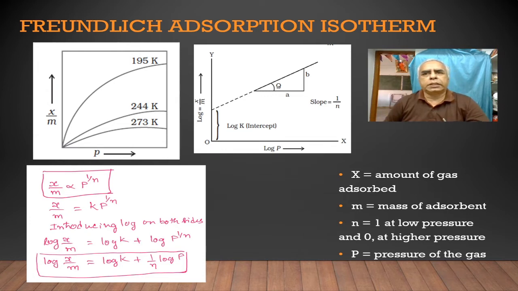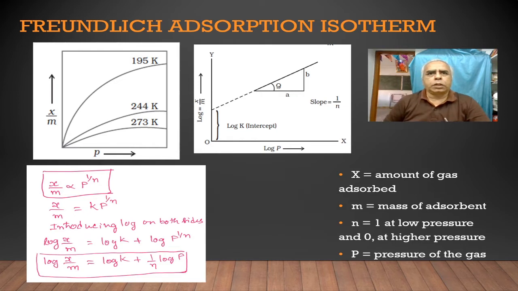Here x is the amount of gas adsorbed, and m is the mass of the adsorbent, that is, the substrate where the adsorbing materials are adsorbed. That ratio is directly proportional to the 1 by nth power of the pressure of the gas. When we remove the proportionality, we have to introduce a proportionality constant, K.